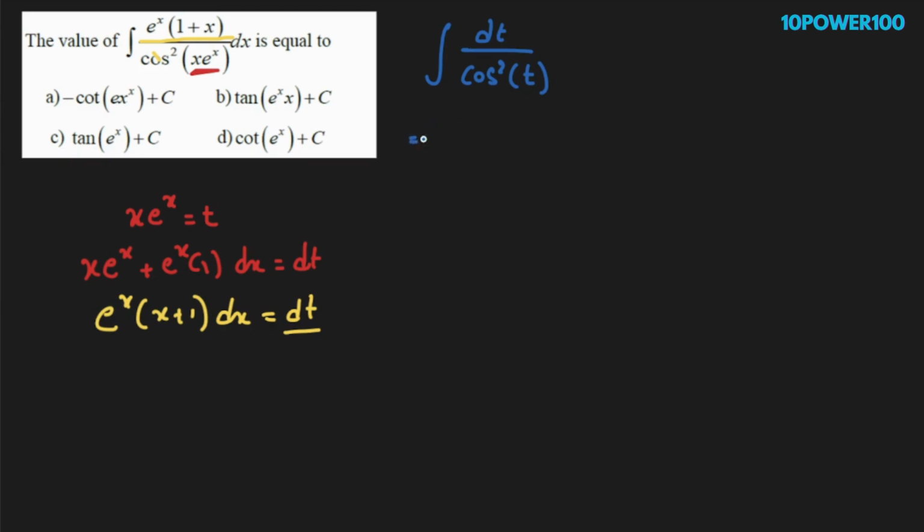Now, what is 1 by cos square? It is secant square t into dt. So we have taken the reciprocal of 1 by cos, that is secant square t. So integration of secant square t, we all know, is tan t. So tan t plus c is the correct answer, but we have to replace the t value, right?